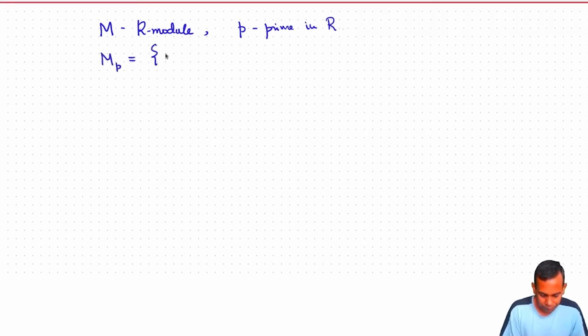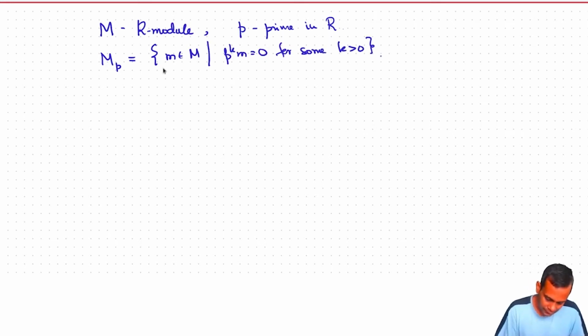So remember this primary decomposition for a moment. If M is an R-module, and p is a prime element of R, say R is a principal ideal domain, we'll be taking it to be polynomials, then you can define M_p to be the set of m belonging to M such that p to the k times m equals 0 for some positive integer k.